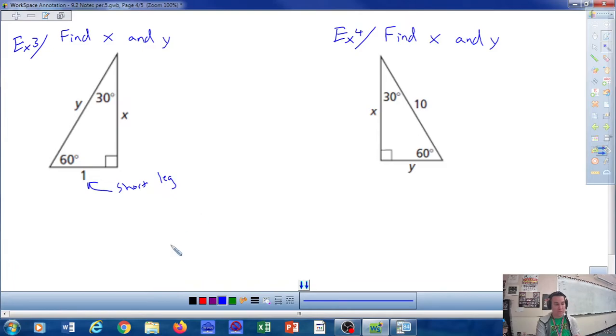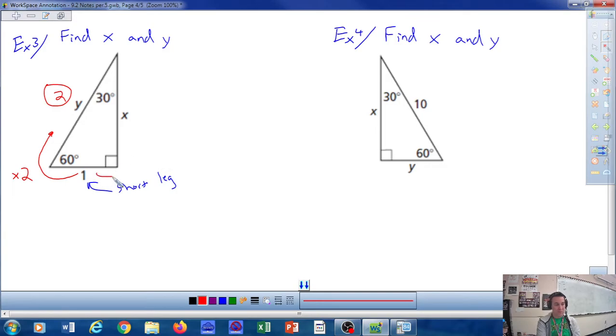So once you know the short leg, to get to the hypotenuse, say it out loud with me, you multiply by 2. So the hypotenuse is 2. Boom. Hypotenuse of that triangle is 2.